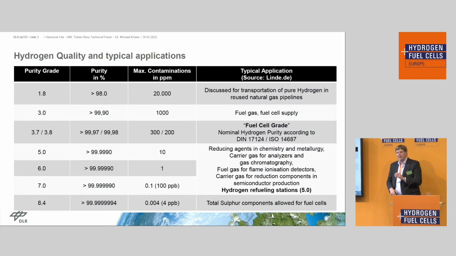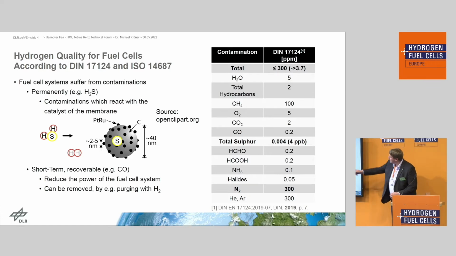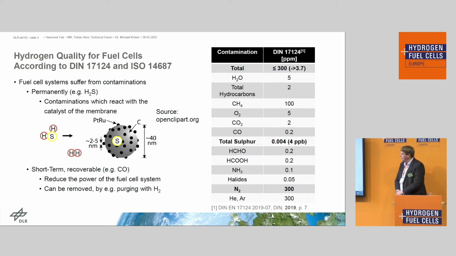There was one particle, hydrogen sulfide. Sulfur components are especially problematic for the fuel cell systems because they contaminate the catalyst as they react with this particle, and then it's irreversibly contaminated, so the fuel cell loses power at that point.